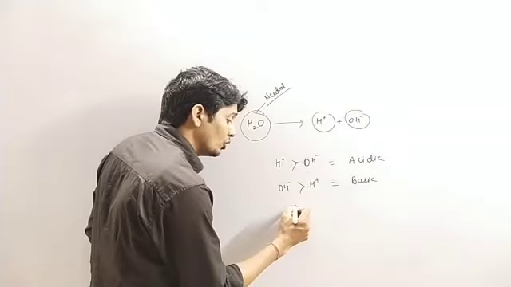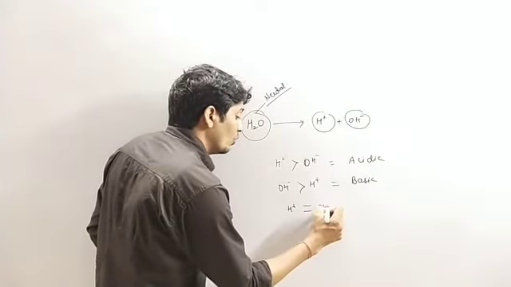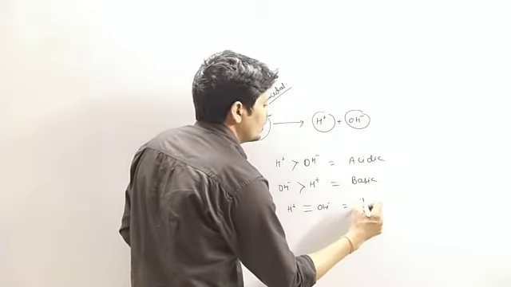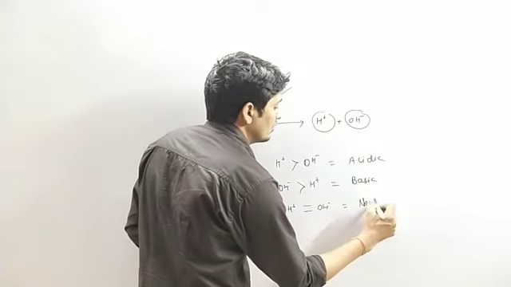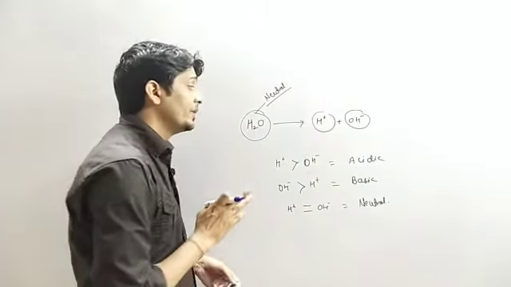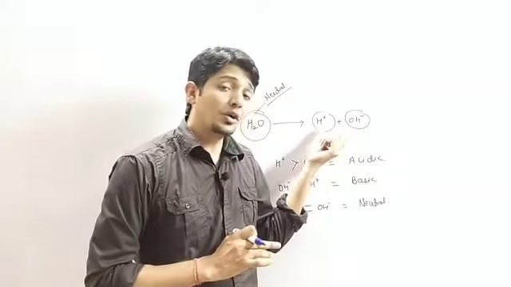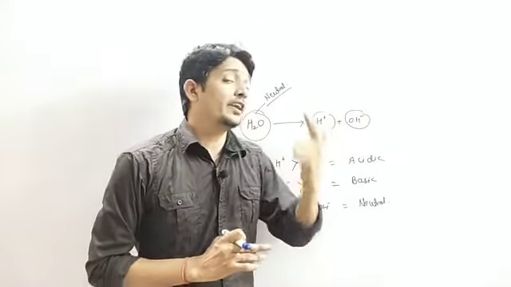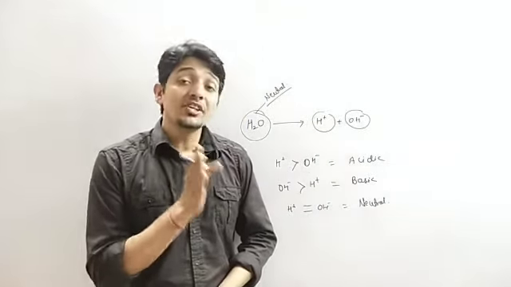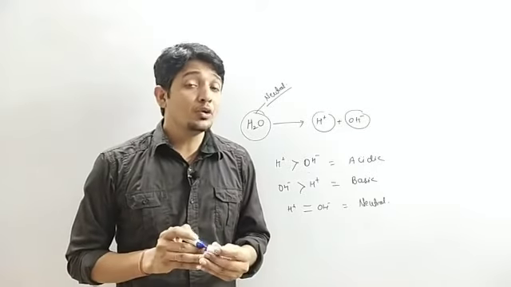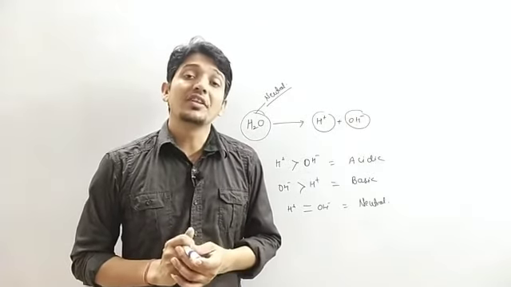If H positive ions are equal to OH negative ions, it is neutral. So on the basis of the proportion of H positive ion and OH negative ion, we can decide whether the substance is neutral, acidic or basic.